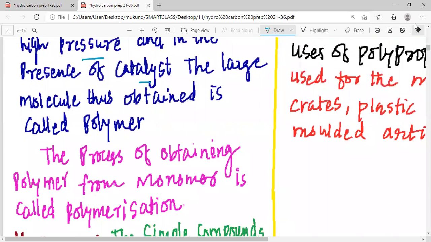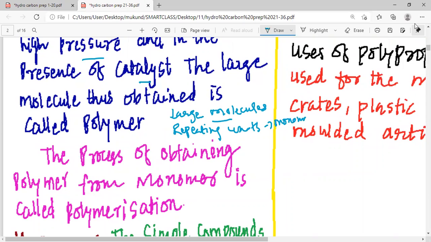My dear students, in the previous lectures, you have already studied polymers. Polymers are large molecules which have large molecular weights. They have repeating units. These repeating units are known as monomers.